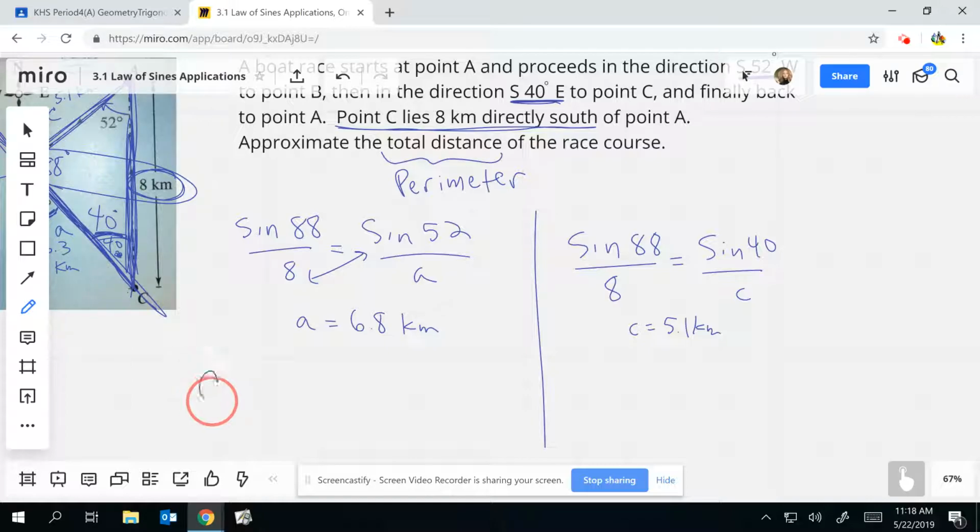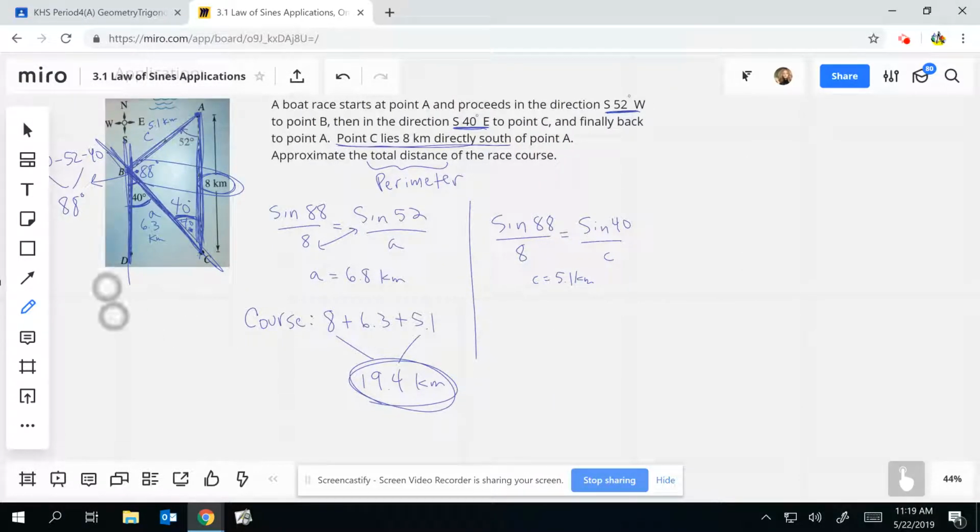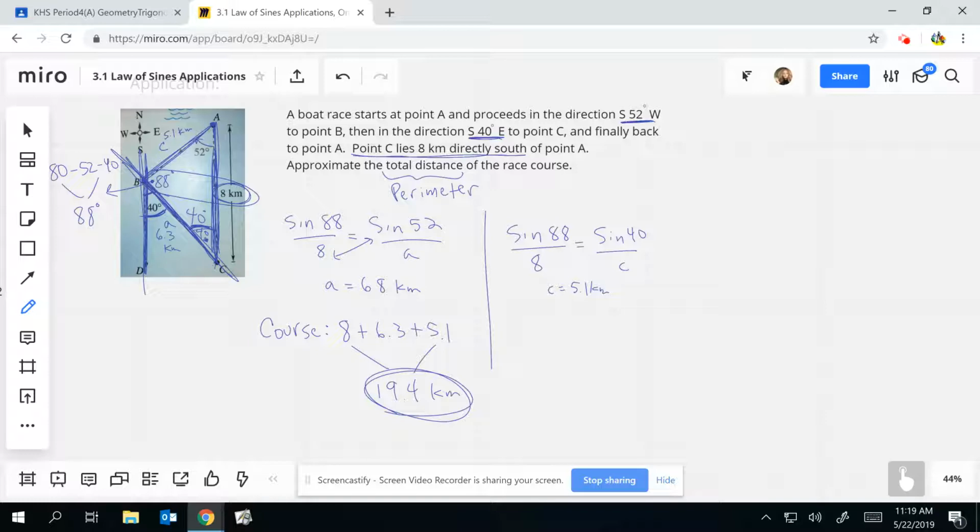Our course has a side of 8, a side of 6.3, and a side of 5.1. Put those three together and you get 19.4 kilometers for your race course. That's how far the boats are going to travel. So that's an application problem using law of sines. You had to remember alternate interior angles to get there, but after that, it was just law of sines. So that is it.